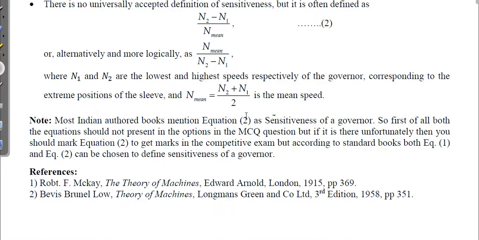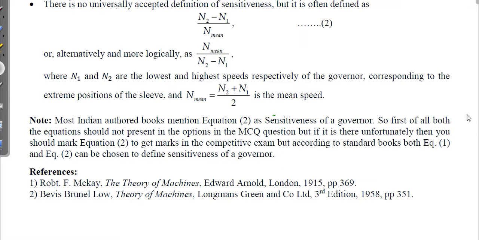Okay, the references are, first one is Robert F. McCall, the theory of machines, and second is Bevan, theory of machines. So you have seen because of these two references that both the equations are used to define the sensitiveness, and more logical is the second one. But in the competitive exam, you will always go for the Indian author books.